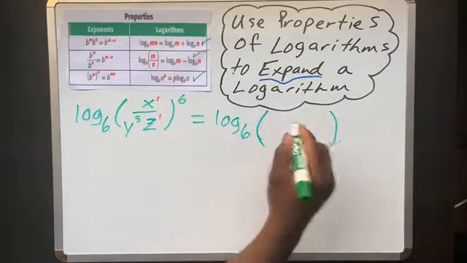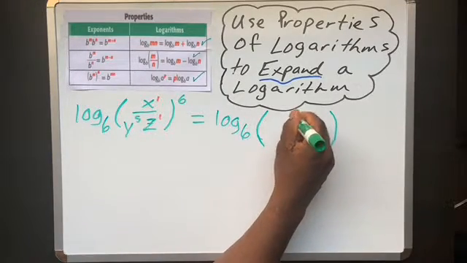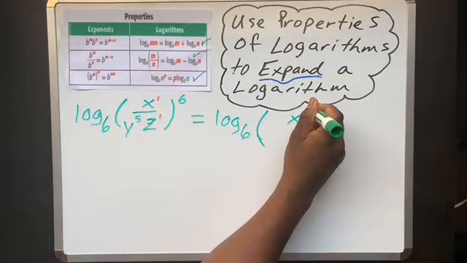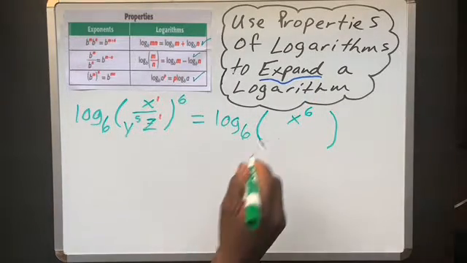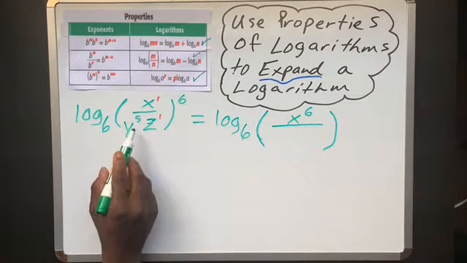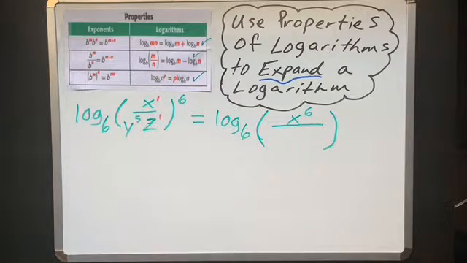So that becomes x to the 1 times 6, which is 6, over, here we have y to the 5th power raised to the 6th power.